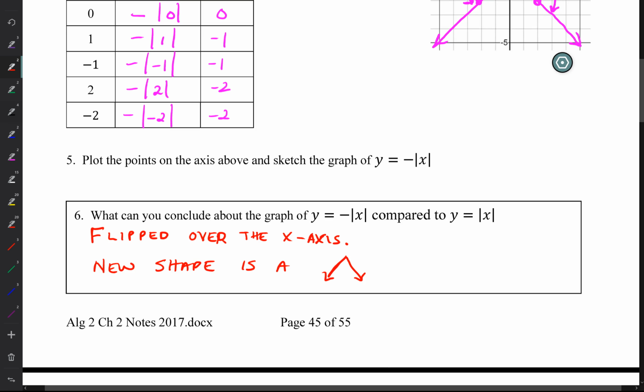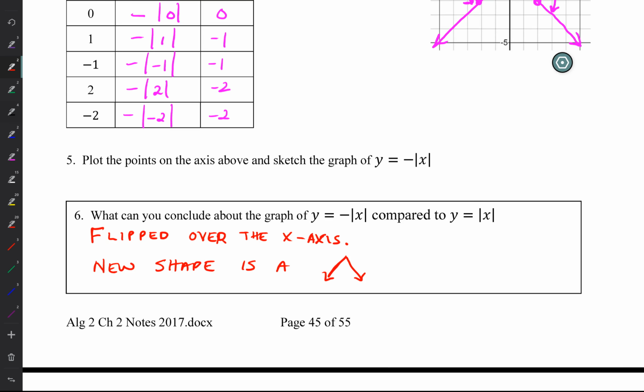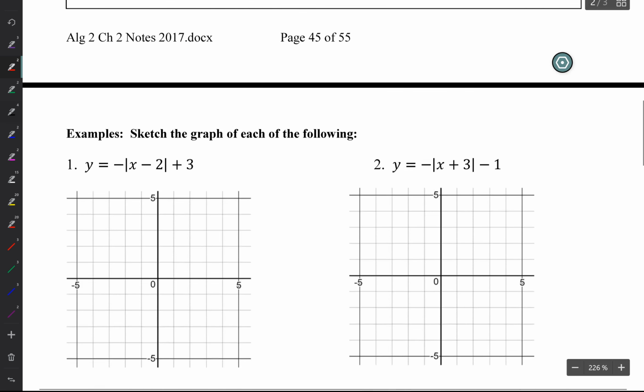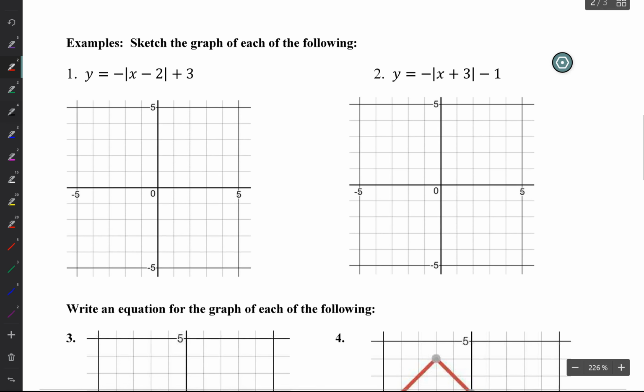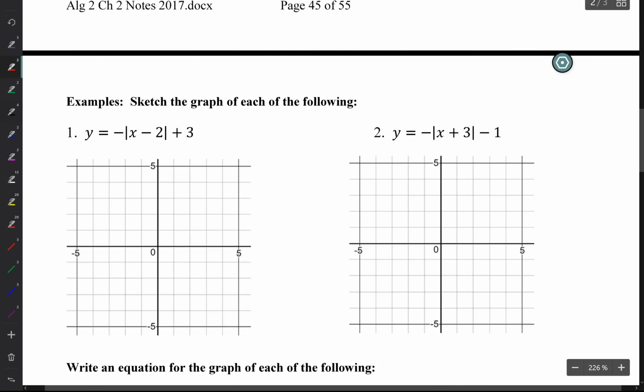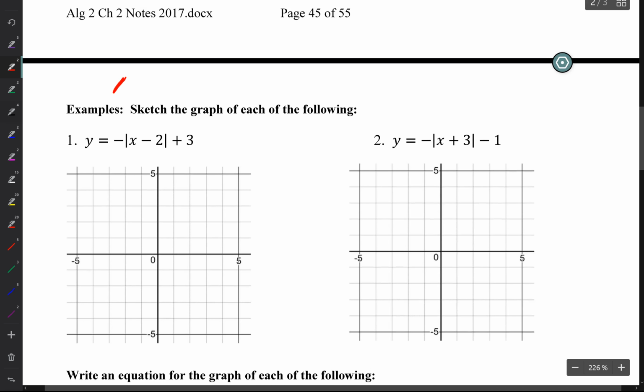All right, so now let's kind of look at what this impact does, and let's kind of play around with some movement on our graphs. On each of our problems, we're going to characterize them by the following. Are they a mountain or a valley? We're going to characterize them by the slope of each number.